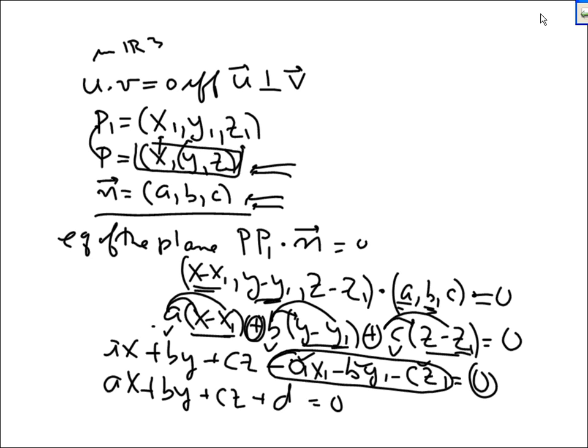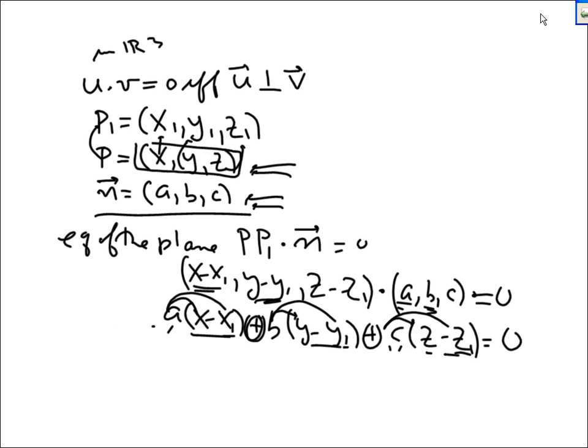What do you need to take with you? The bottom line now. That's what you need to take with you. And you need to know what A, B, and C are, and what x1, y1, and z1 are. Now, there's only two choices.